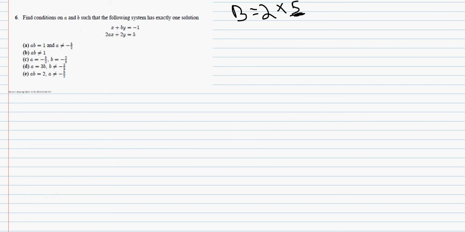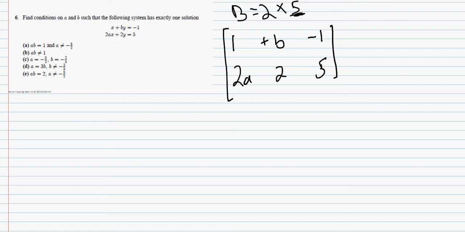It means when I reduce this augmented matrix down, let me just write it down. So I'm going to write the augmented matrix. We have 1, B, equals negative 1, right? Then we have 2A, 2, equal to 5.